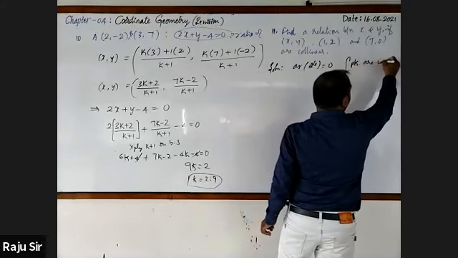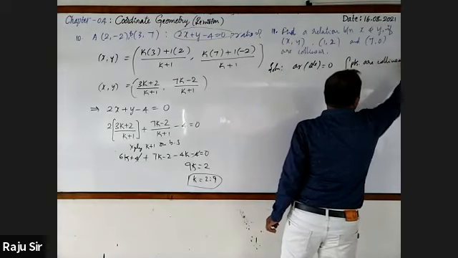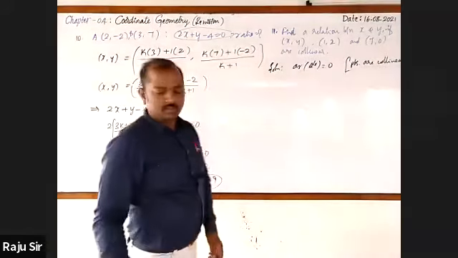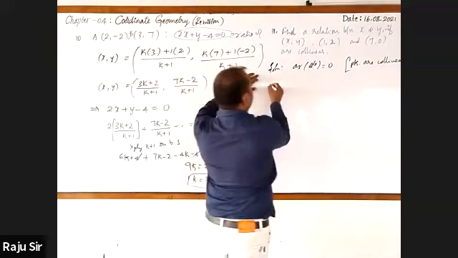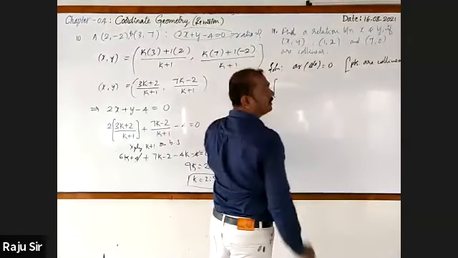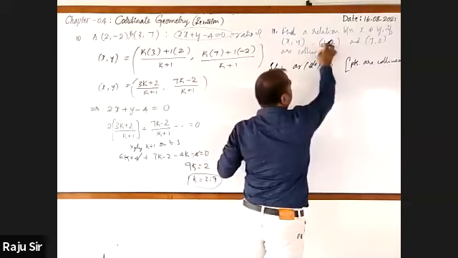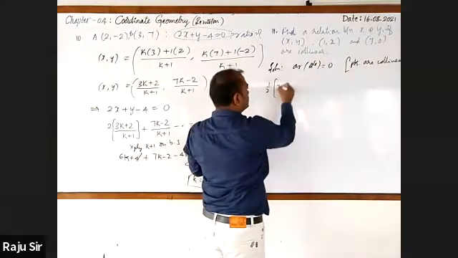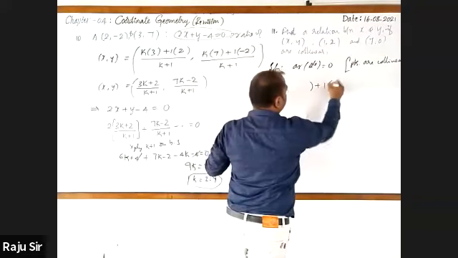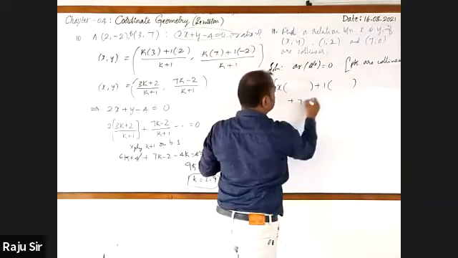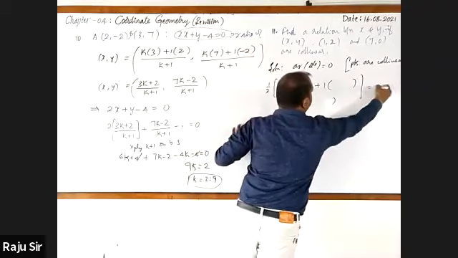Area of triangle is half into x1 times (y2 minus y3) plus x2 times (y3 minus y1) plus x3 times (y1 minus y2), equal to 0.